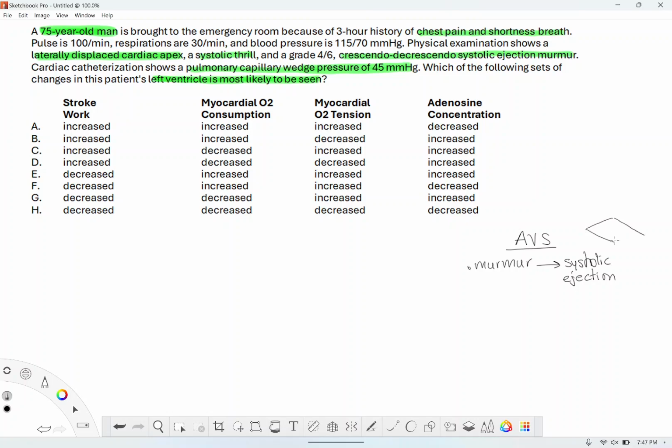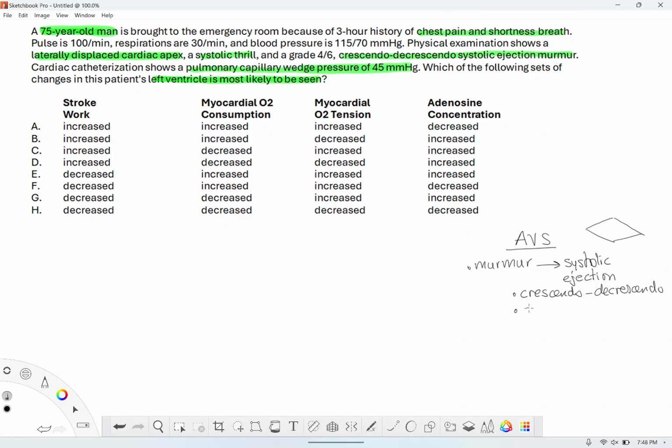That's why you will see these diamond-shaped structures on those diagrams. So this is called crescendo, decrescendo. Crescendo means increasing, decrescendo means decreasing in intensity.